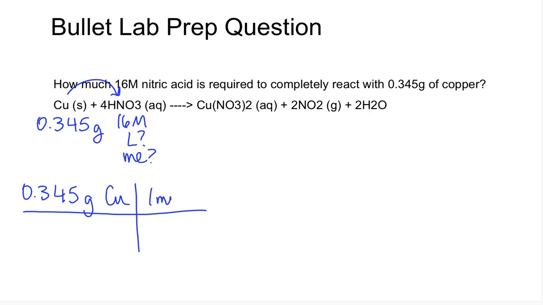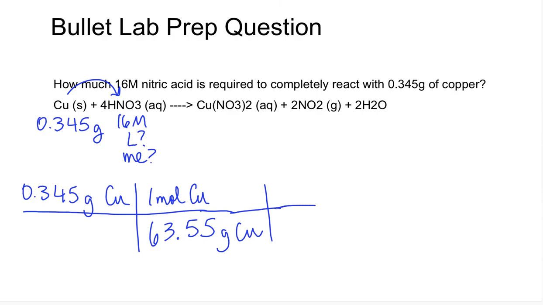For every 1 mole of copper, I have 63.55 grams of copper from the periodic table. Now what do? Mole bridge, 1 mole of copper, I have 4 moles of nitric acid.